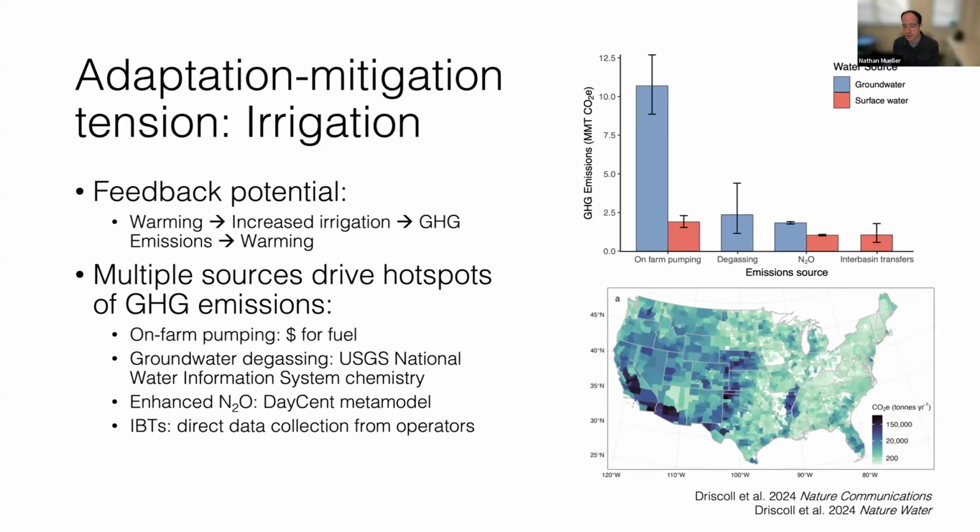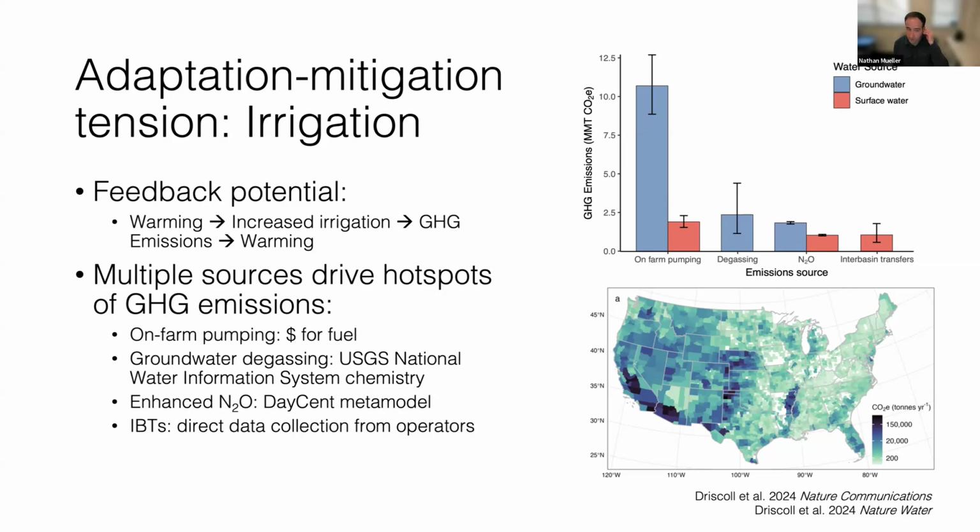In a couple of studies that came out last year, we looked at these different mechanisms and quantified them as best we could in the recent history. For on-farm pumping, we used fuel expenditures, backed that out into amounts of fuel, and used emissions factors to get the total emissions.